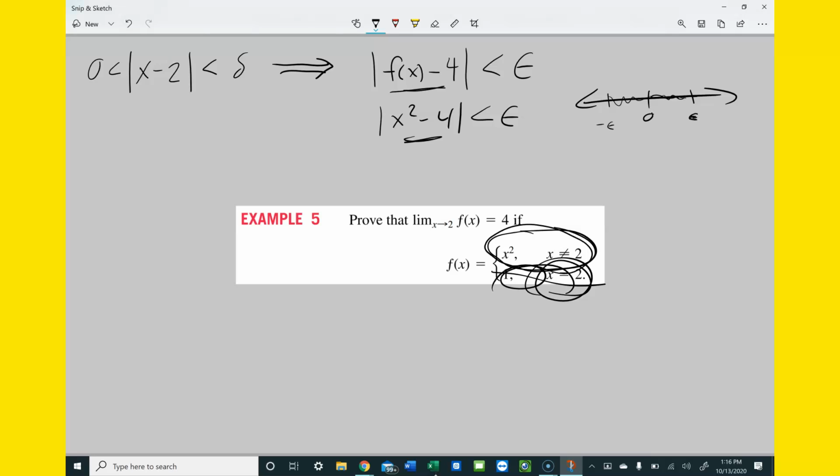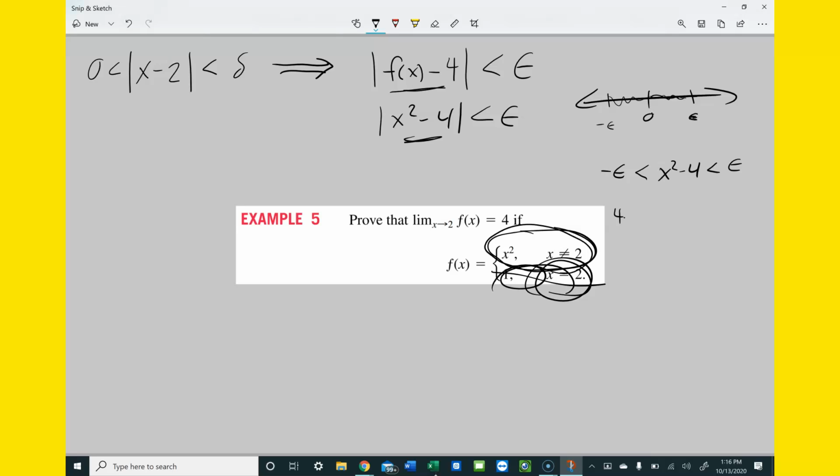So here's how I set that up. I say x squared minus 4 is both greater than negative epsilon and less than positive epsilon. And I solve the whole thing, I mean. I'll add 4 to both sides.